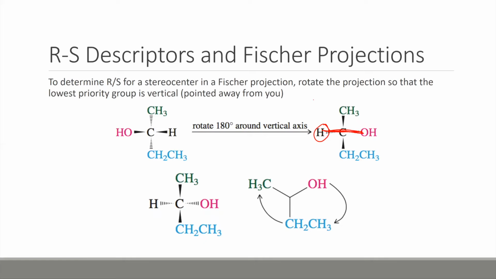In this case, our hydrogen is our lowest group, and so this has been rotated to put the hydrogen vertically and on the left. Then, just like before, you would number your groups and draw your arrow. So this would be group 1, 2, and 3. If we draw our arrow around, you'll notice this is going clockwise. So this would be an R configuration.